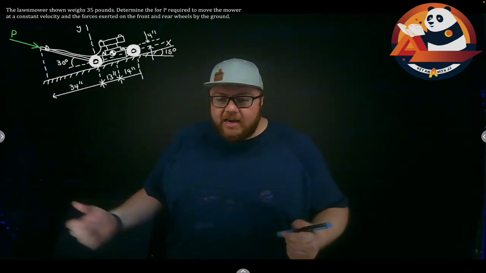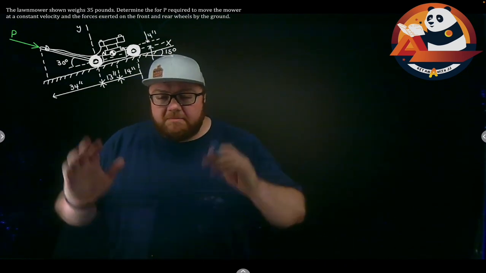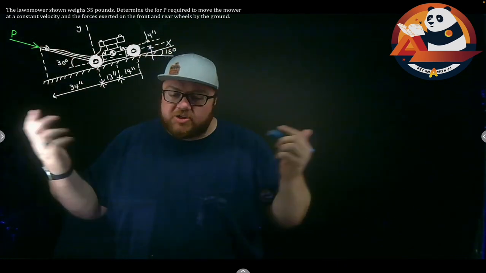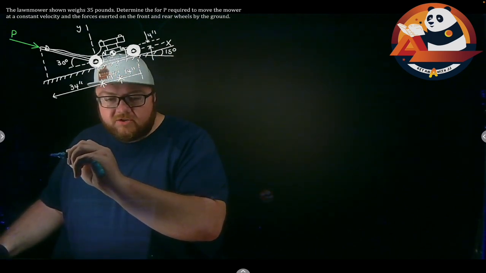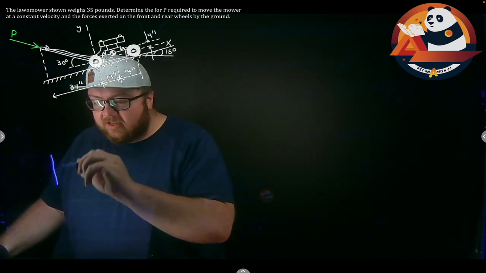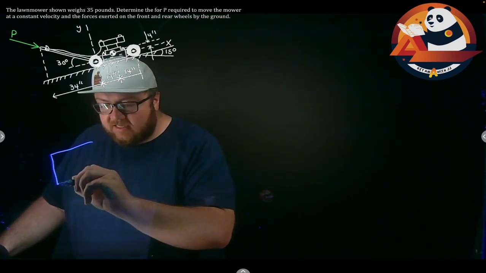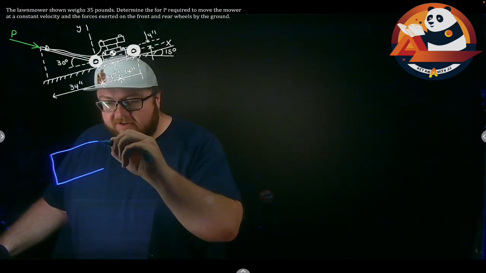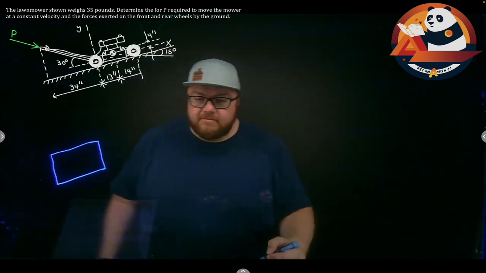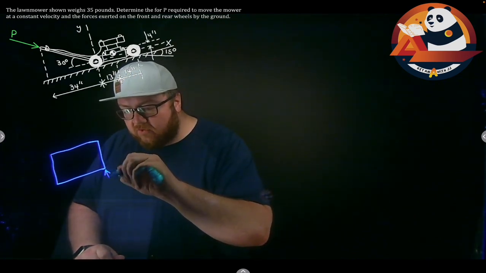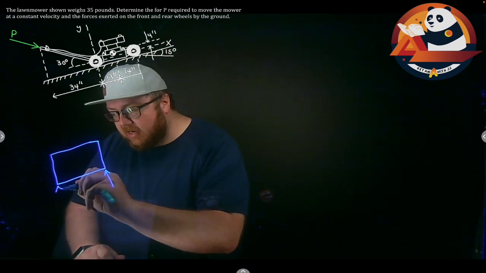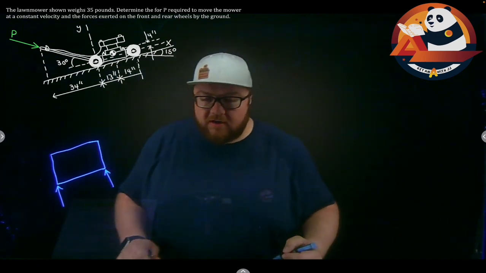So let's come in and try to sketch this one out. We're going to model this entire lawnmower as just a box, to make it easy and cut down on our weird drawing, because I am terrible at drawing pictures. At the front of the box, I'm going to have one force from a roller. At the back of the box, I'm going to have one force from our roller.